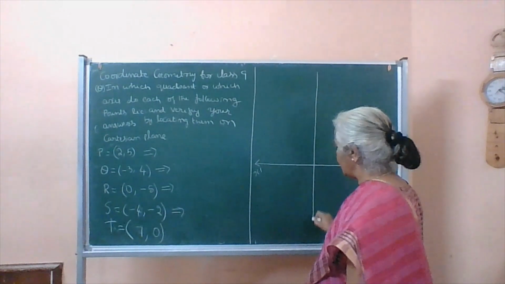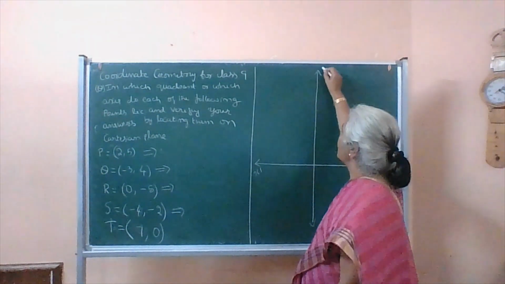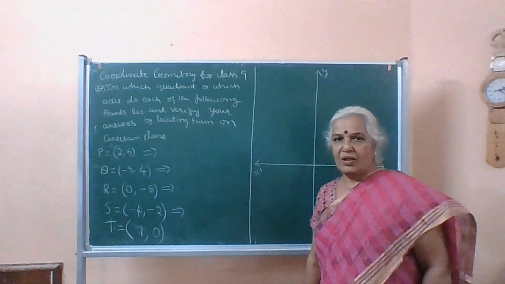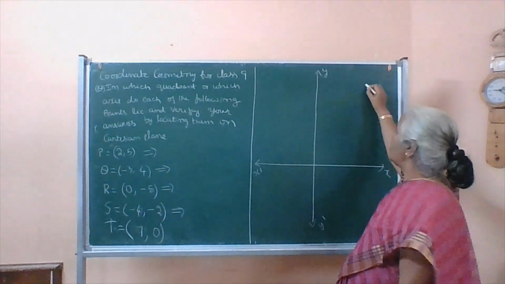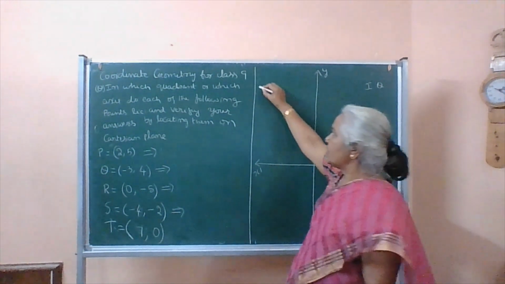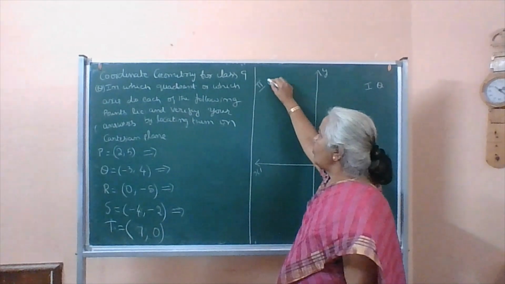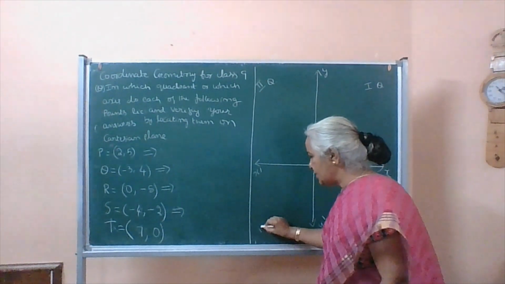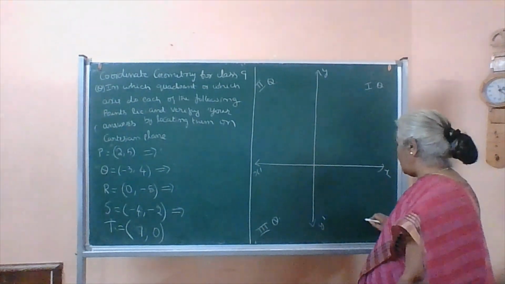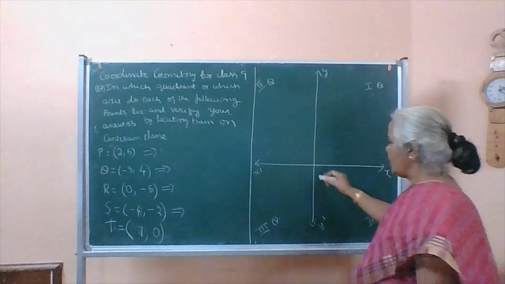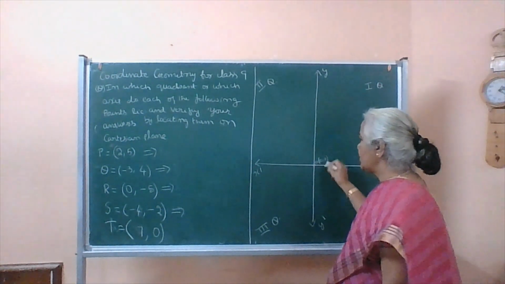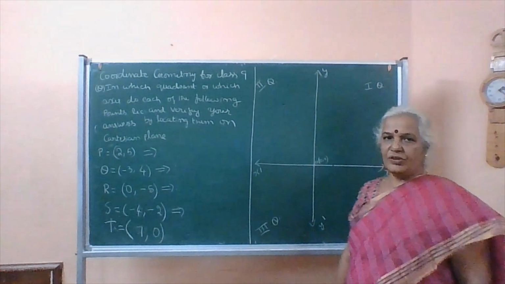This is the y dash axis, and this is called the first quadrant, this is called the second quadrant, this is called the third quadrant, and this is called the fourth quadrant. And this point is the origin, and here the point is (0, 0).